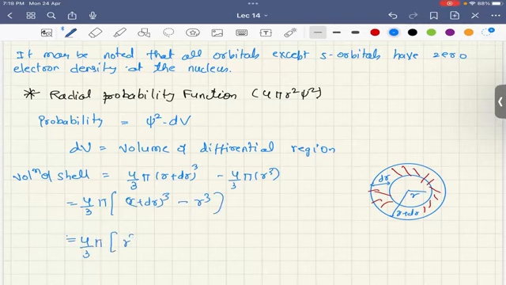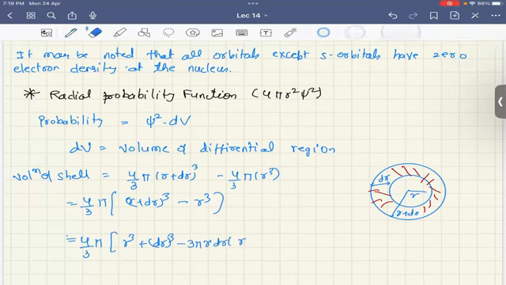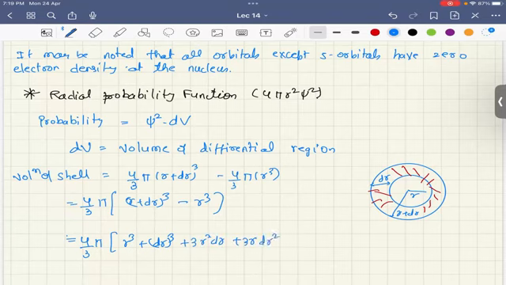Expanding this, we get 4 by 3 pi times r cube plus 3 r square dr plus 3 r dr square plus dr cube, minus r cube.